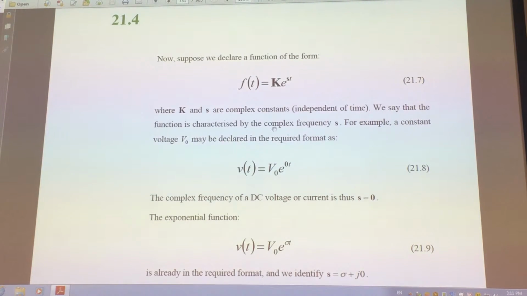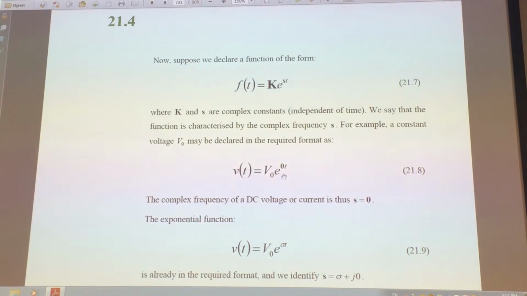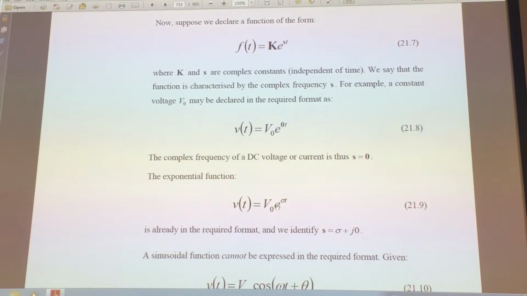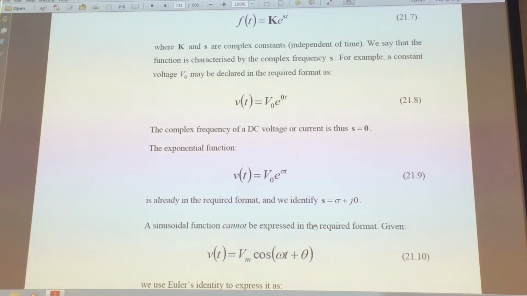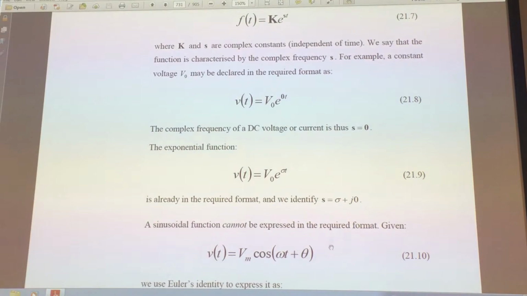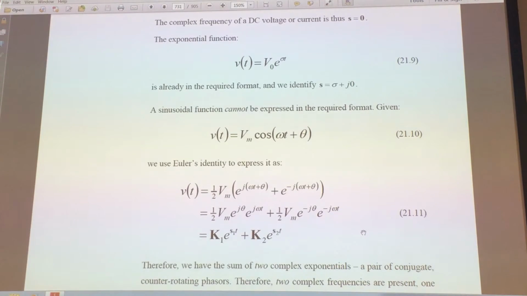So now, if we want to get a constant voltage, we may use that function with exponent equal to 0 and K being a real number. Using this notation, we can create again all possibilities that are available here, like DC, pure sinusoidal signal, pure exponential signal, and a combination of exponential and sinusoidal, which is the exponentially decaying or varying signal.